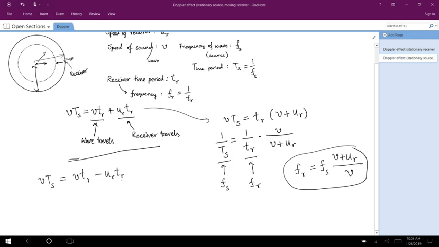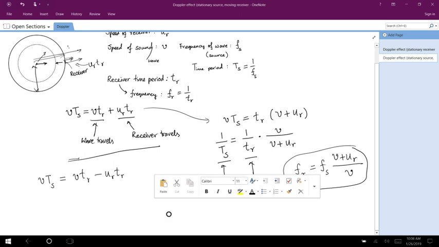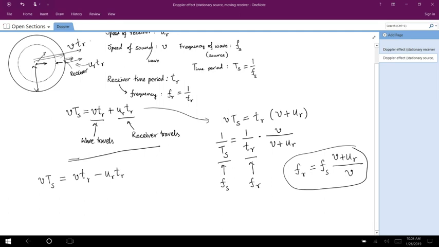So essentially, the idea is that the total distance covered by the sound is something longer, and then the receiver moves that much. So this distance over here is UR TR, and this outward distance here is V TR. So now if you subtract UR TR from V TR, that's when you get V TS, right?